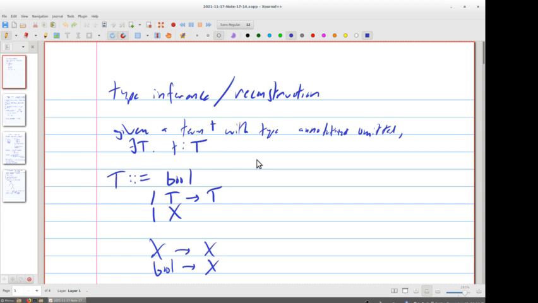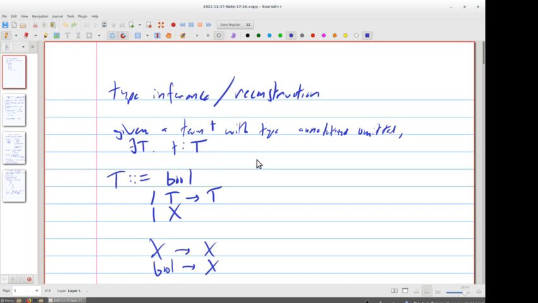Given a term t, where the type annotation is omitted, or maybe just where it has type variables, you want to find a way to give concrete types, to get rid of all the type variables, such that the term will be well typed. So you want to find a substitution.